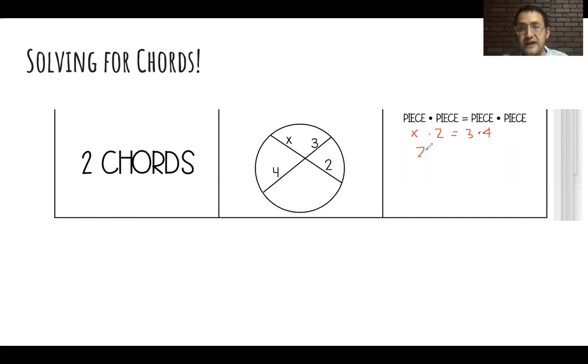And I get 2x is equal to 12. And then I'm just going to divide by 2, and I'll get x is equal to 6.